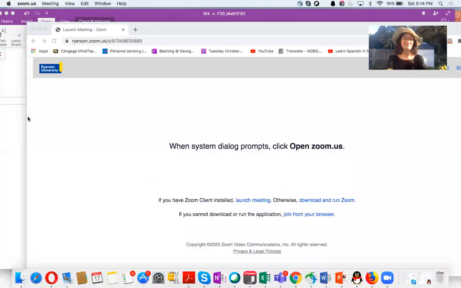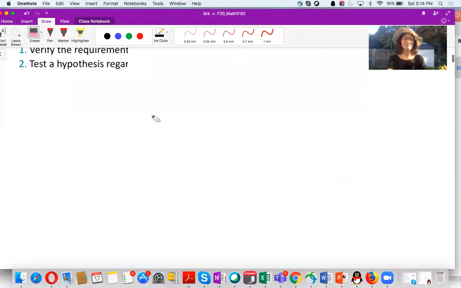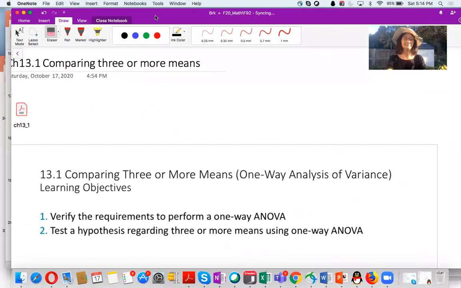In this video, I will conduct hypothesis tests for 3 or more population means using analysis of variance, ANOVA. There are two objectives.